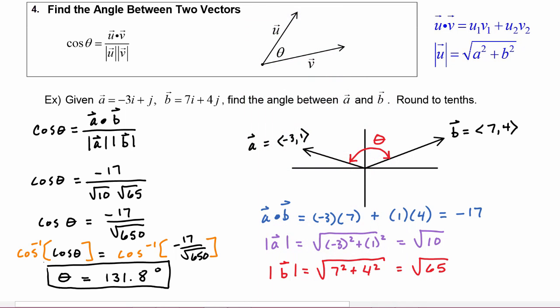And when we look at our drawing, this makes sense because from our sketch, we could see that theta was going to be an obtuse angle.